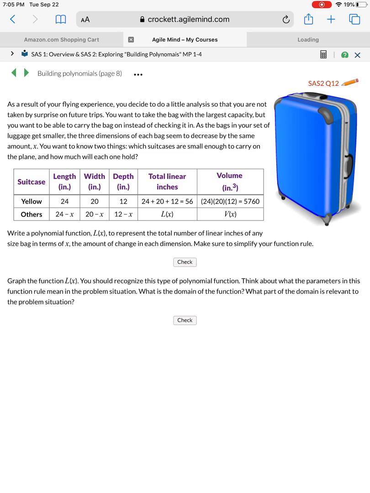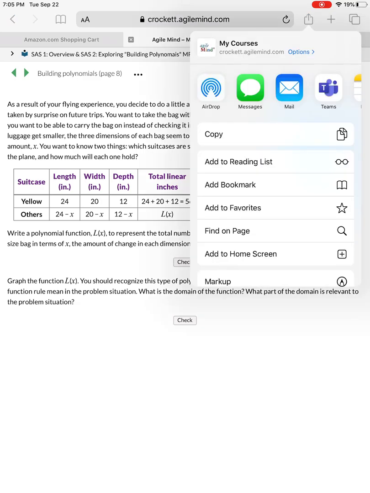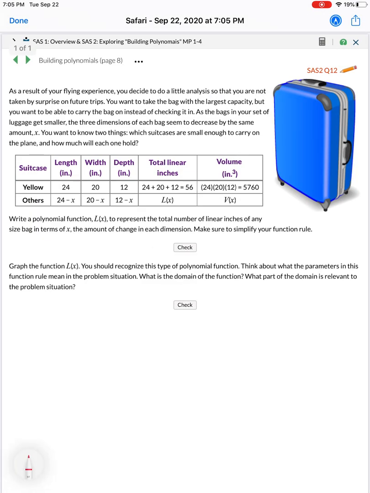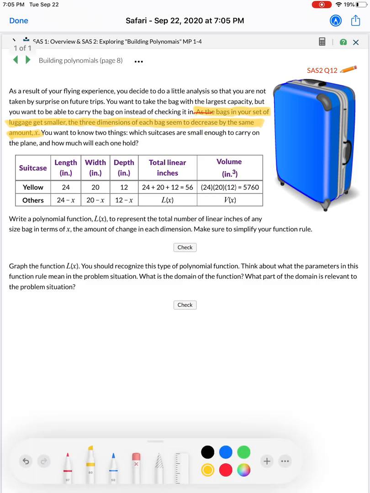As the bags in your set of luggage get smaller, the 3 dimensions of each bag seem to decrease by the same amount, x.